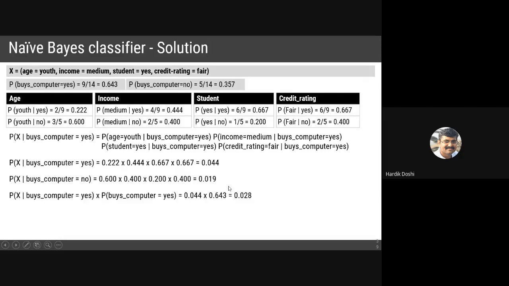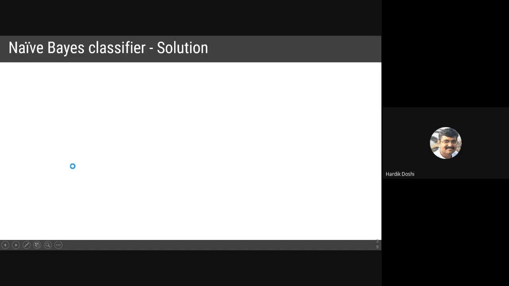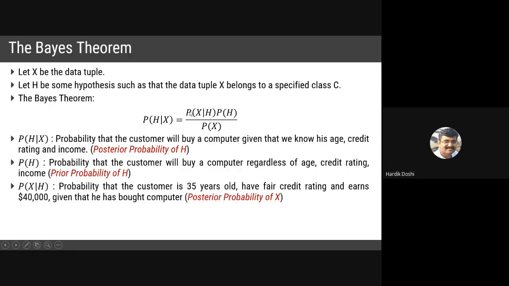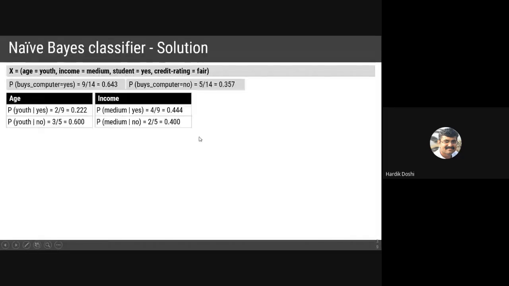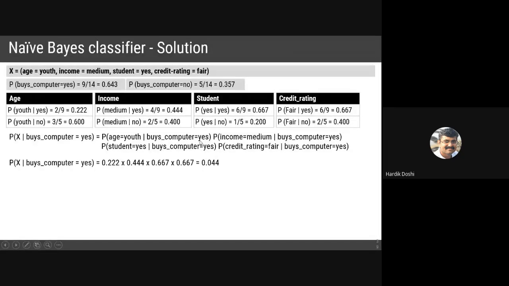Now we will be multiplying the two. As per the formula, P of X given H, which we have obtained now, is multiplied by the probability of the hypothesis.